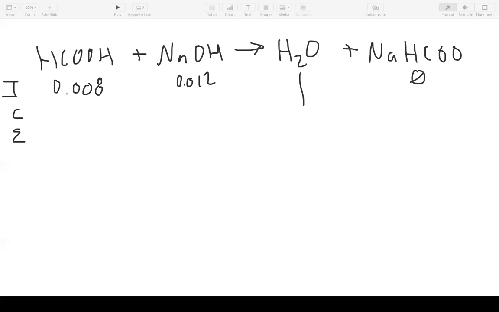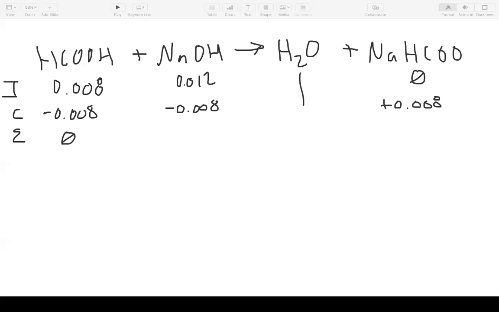Since it's our limiting reagent, we know we're going to run out of that one first. So we could do minus 0.008, minus 0.008, and plus 0.008. So that once we reach equilibrium, we're going to have no formic acid.